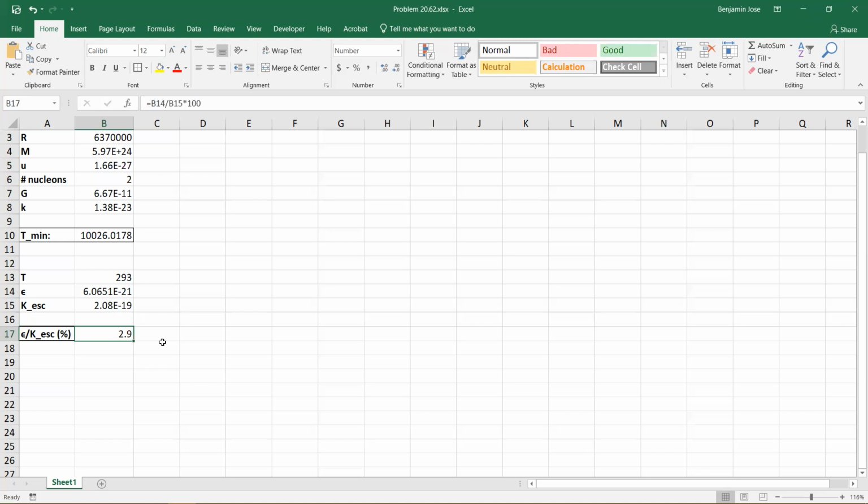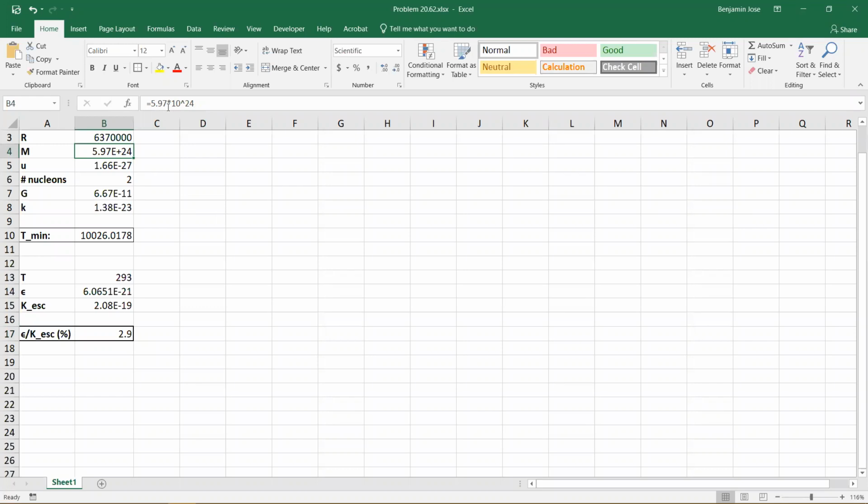So while we're here, it would be interesting to look at how the results change if we're talking about the moon. Now, the moon doesn't have an atmosphere, so it doesn't make a whole lot of sense to talk about the temperature of the atmosphere, but let's just leave the temperature alone. Let's assume it's, quote, room temperature on the surface of the moon, but update the values of the mass and the radius. So let me look those up right quick.